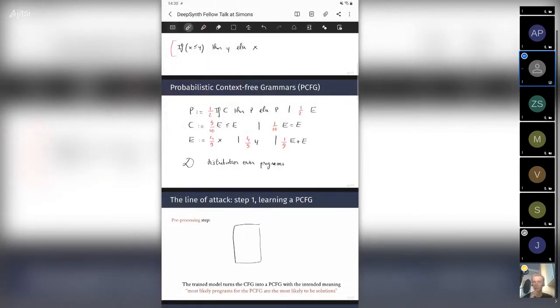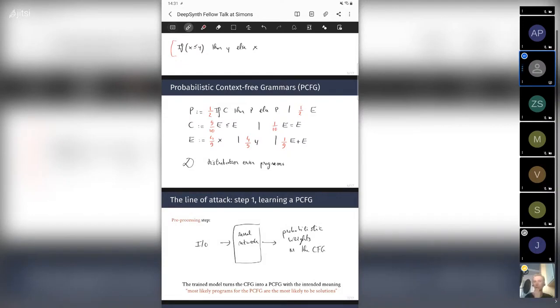So you just construct a neural network here, and what you expect your neural network to do is it takes as input one pair of input outputs, right? And what it outputs is probabilistic weights on the context-free grammar you started with, right?